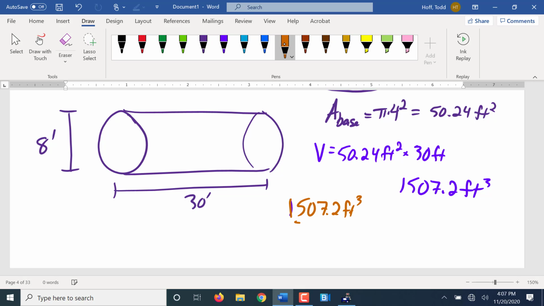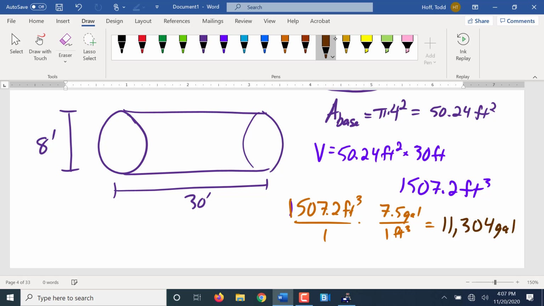To turn that into gallons, times 7.5 gives us 11,304 gallons. You know, I guess now that we get to that number, I've heard 10,000 gallons thrown out a lot, so that's probably about what they hold.